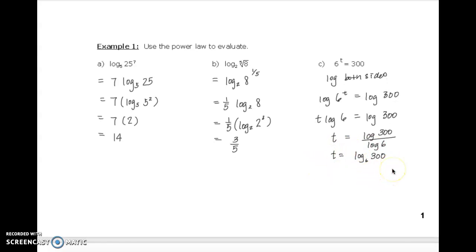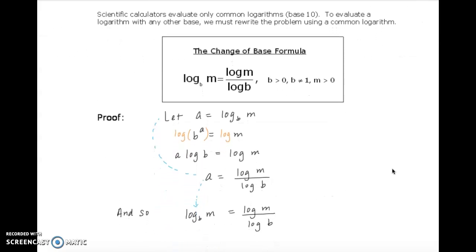Which actually takes us to the next identity. In the past, when older scientific calculators were not as powerful, the only log that they could handle was the common log of base 10. So in order to use calculators to evaluate a log of any base, we can write the log using a change of base formula, which essentially looks like log m, and then divide that by log of base b.